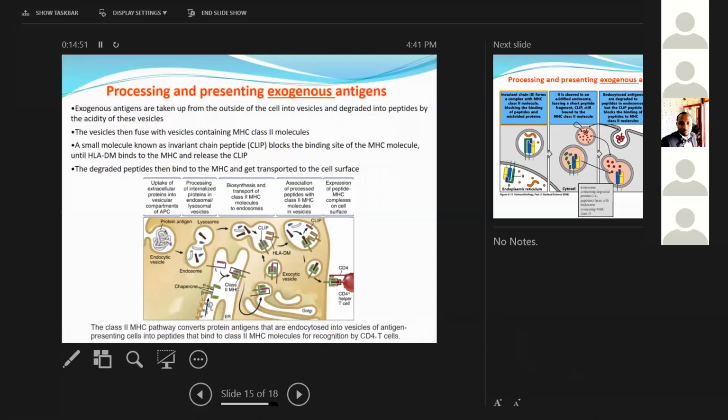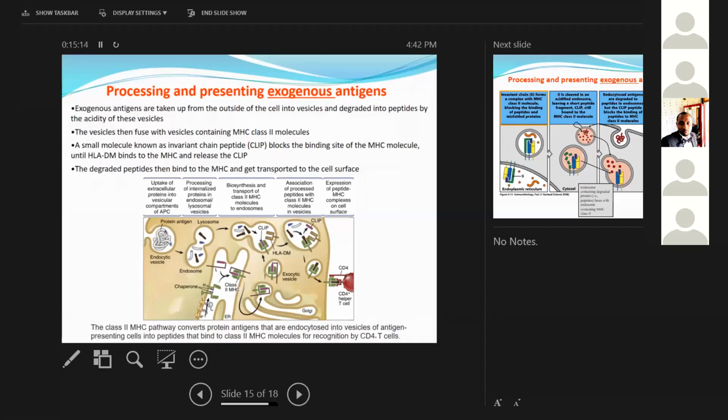So you have the MHC in one vesicle and the peptides of the pathogen in the other vesicle. When they fuse together, now the peptide can enter the cleft of the MHC class 2, and then they will be transported to the membrane of the cell and presented on the surface.